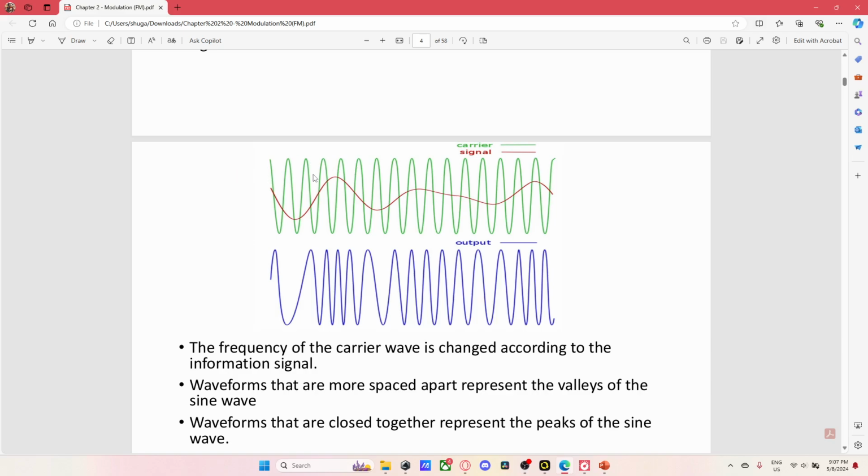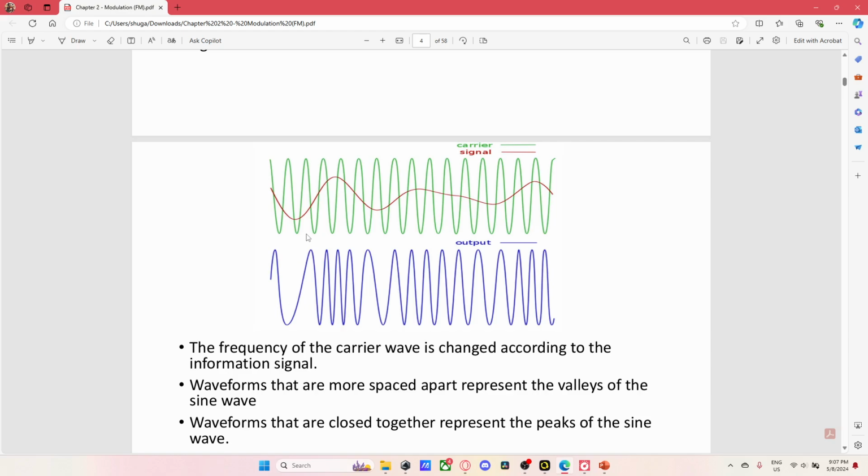The change in the output is where the frequency of the signal is narrower or wider based on the amplitude of the modulating signal over here.